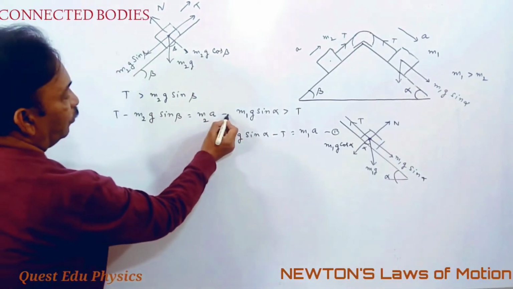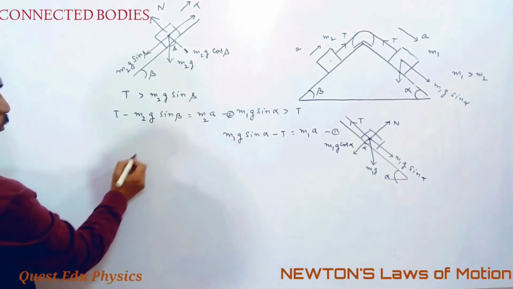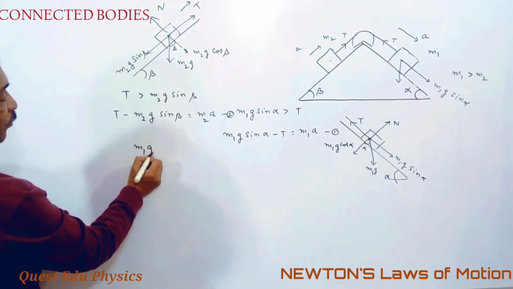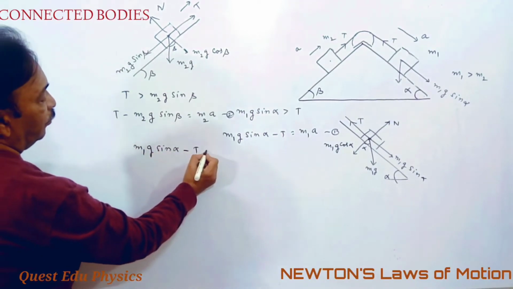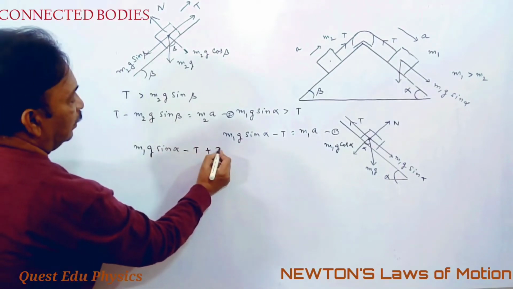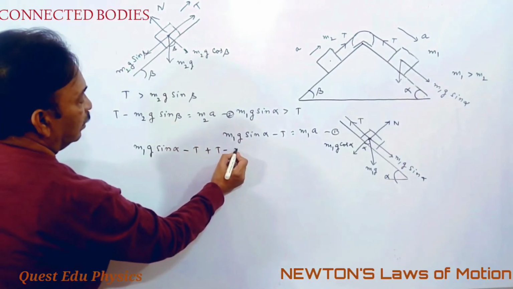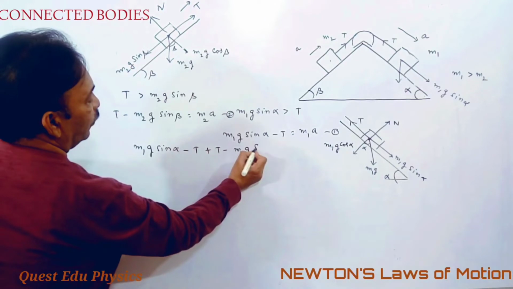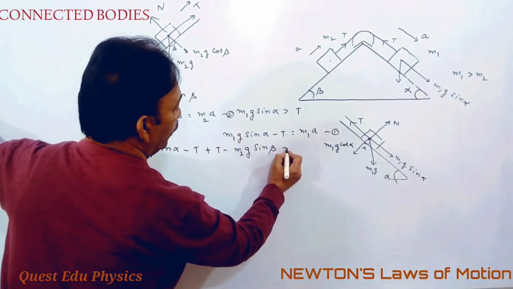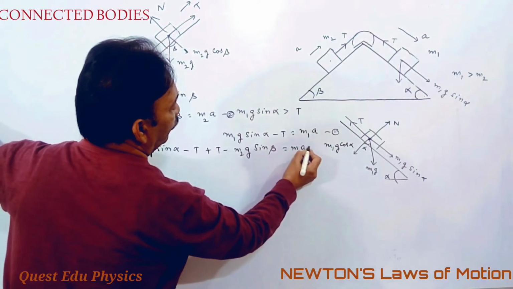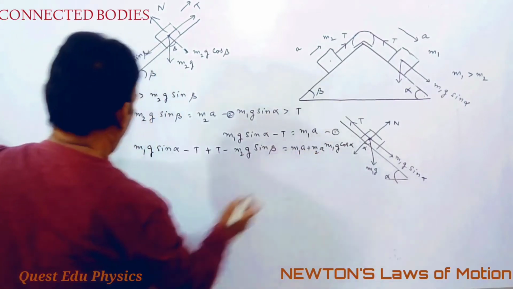Say it as 2, and we are adding 1 and 2. m1g sine alpha minus T plus T minus m2g sine beta is equal to m1a plus m2a.